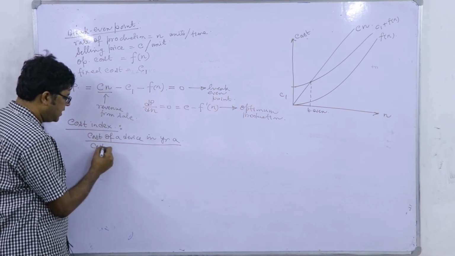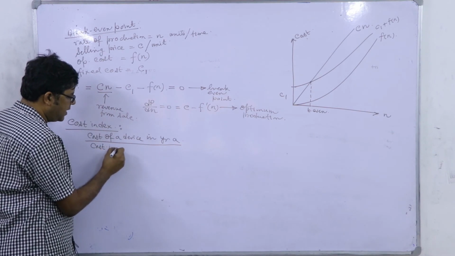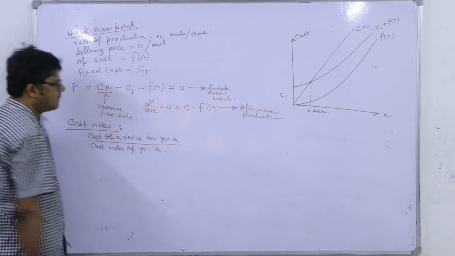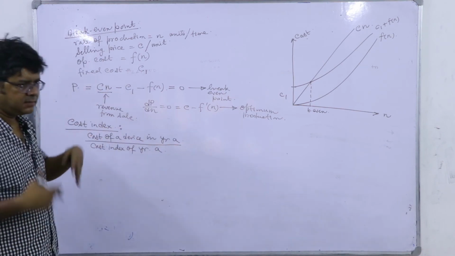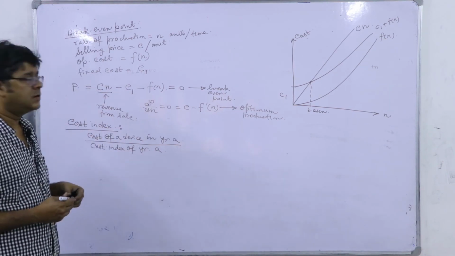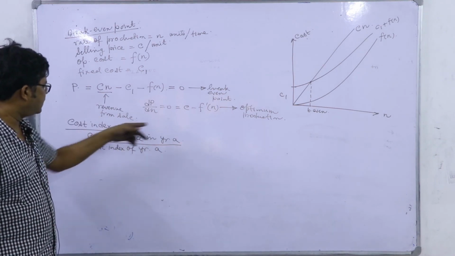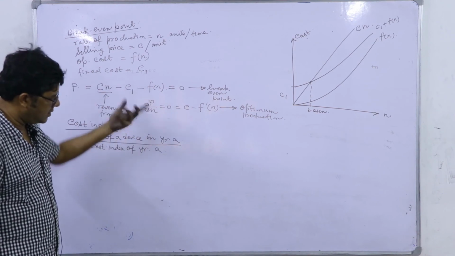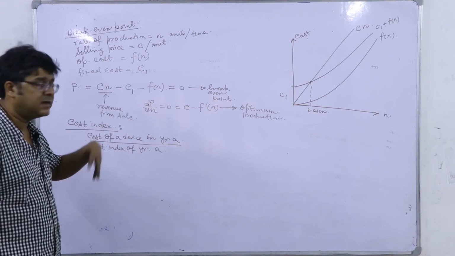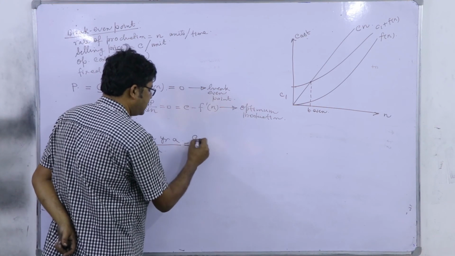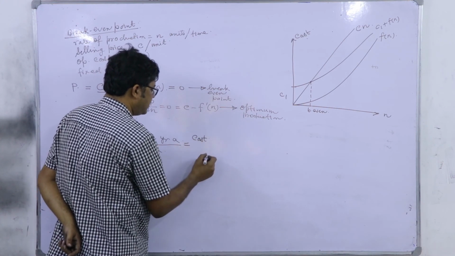So, we will divide it by the cost index of year A, and that will be supplied to you. Cost index is an economic term, and so the cost of the device in any year divided by the cost index of that year is a measure of utility of the device. So, the utility remains unchanged.